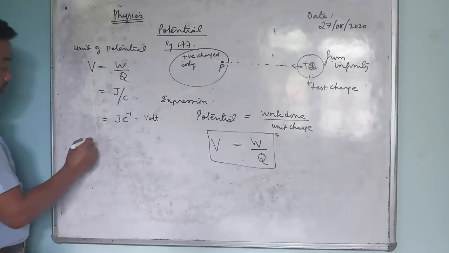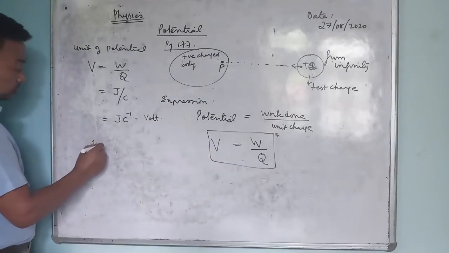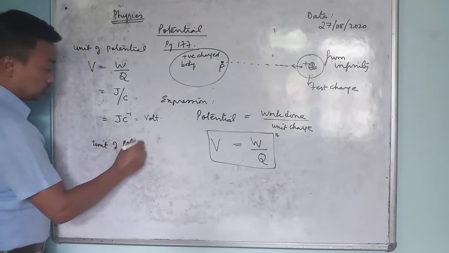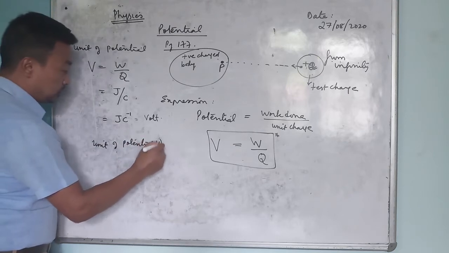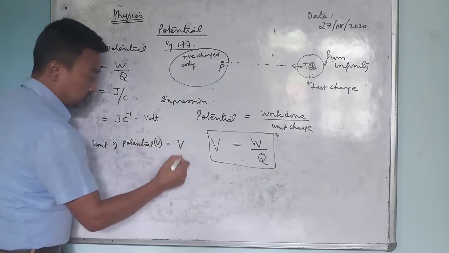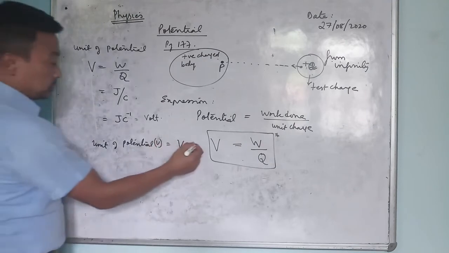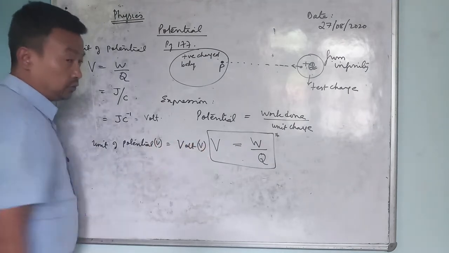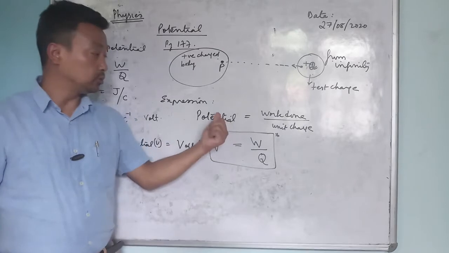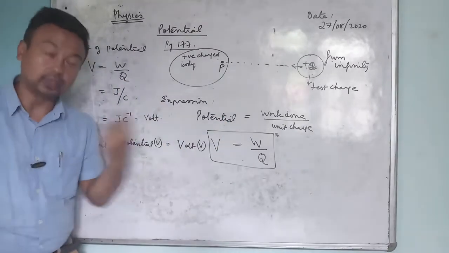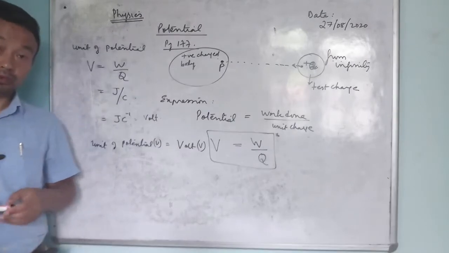So therefore, the unit of potential V is volt. Sometimes volt can also be written as V. So here you see that the symbol for the potential and its unit are the same, both are capital V. So you should not be confused.